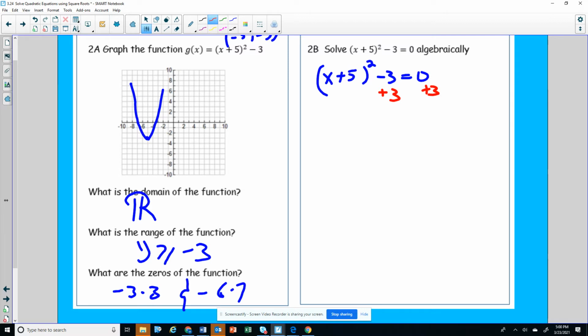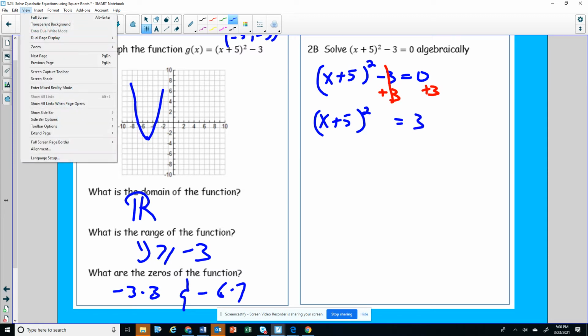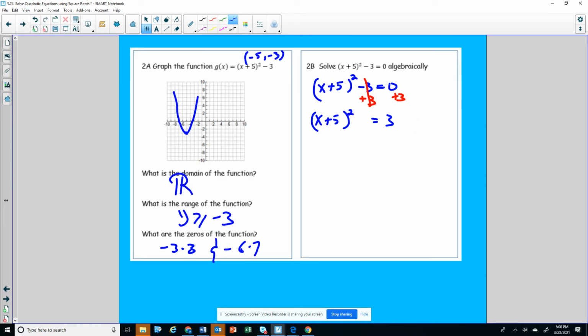So when I add, that goes away, and I'm left with (x plus 5) squared is equal to 3. Now let me change back to 150. So now, since I've isolated the square, my next step is to cancel the square. And how do I do that? I take the square root of both sides.